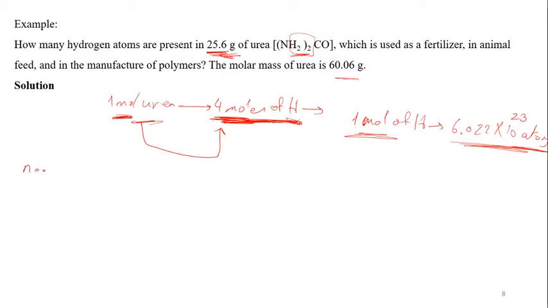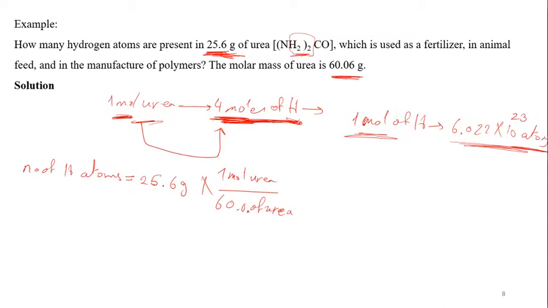So the number of hydrogen atoms would be equivalent to my given quantity, 25.6 grams of urea, multiplied by 1 mole, since 1 mole of urea is equivalent to 60 grams of urea.